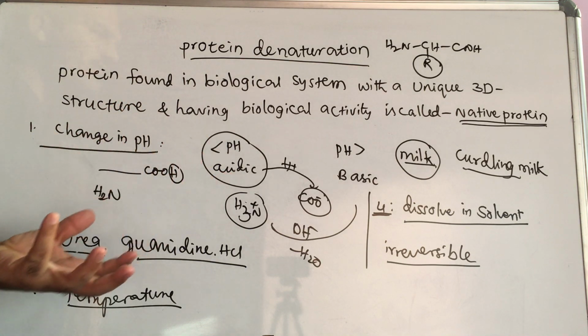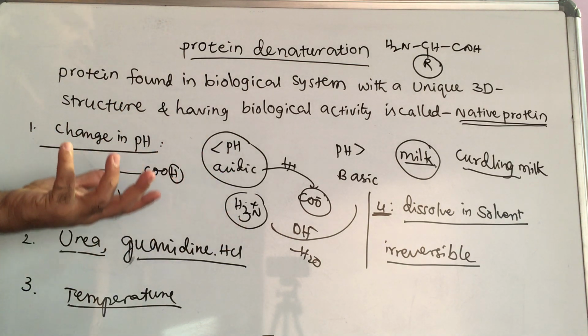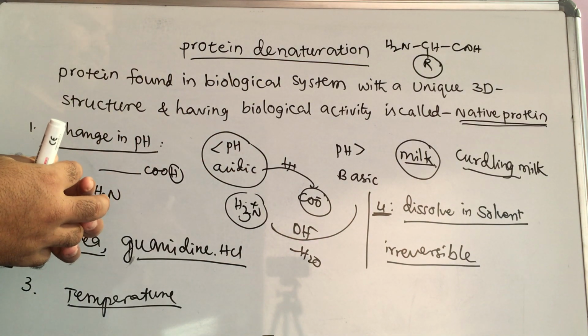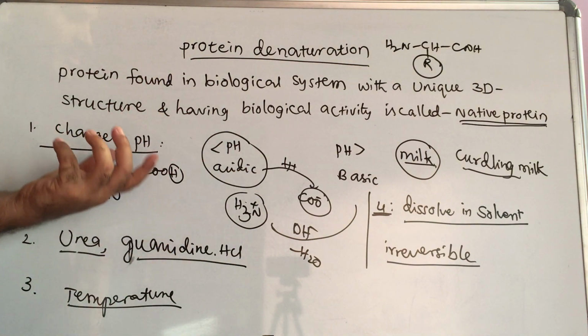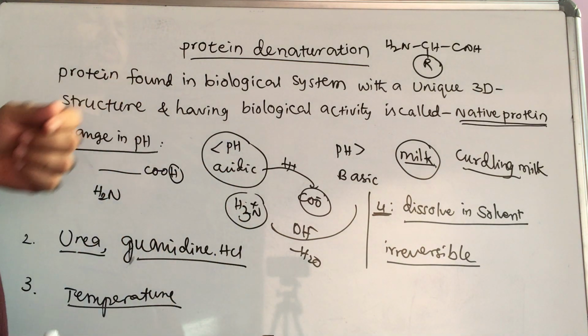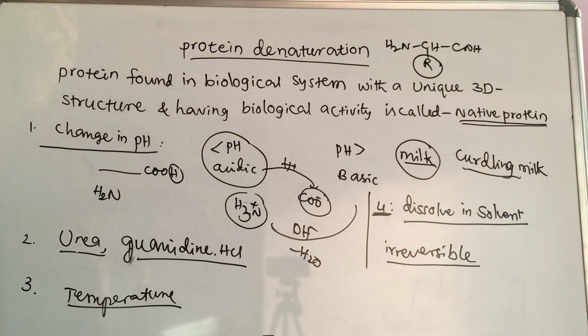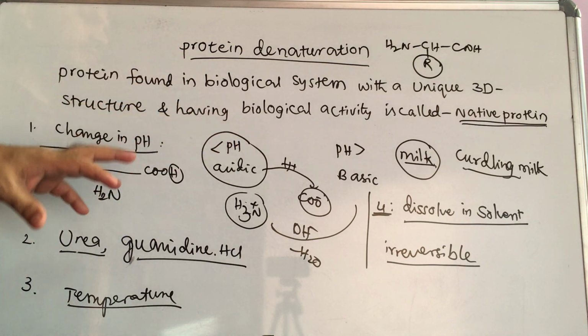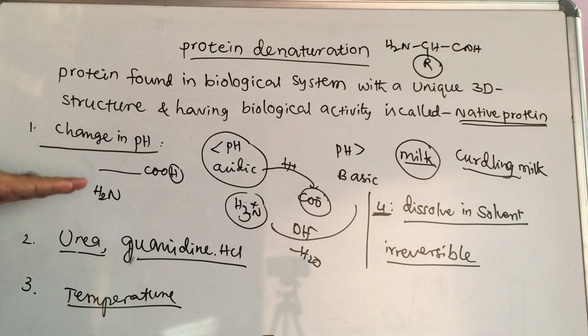Why am I not discussing the quaternary structure? The quaternary structure is a mixture of subunits together, which may be secondary or tertiary protein structures together. That's why I am not discussing the quaternary protein here. So denaturation of protein affects only the secondary and tertiary protein structures, but not the primary protein structure.